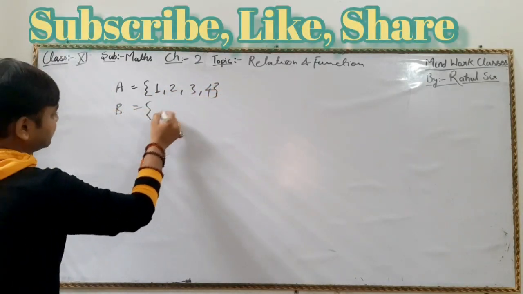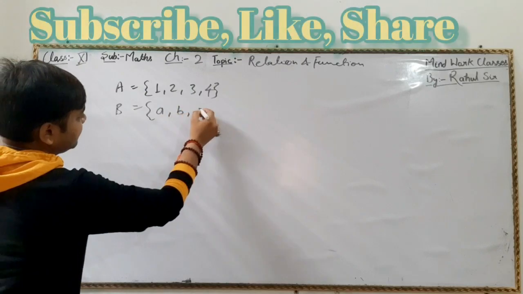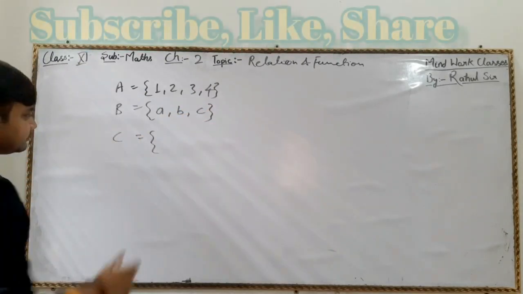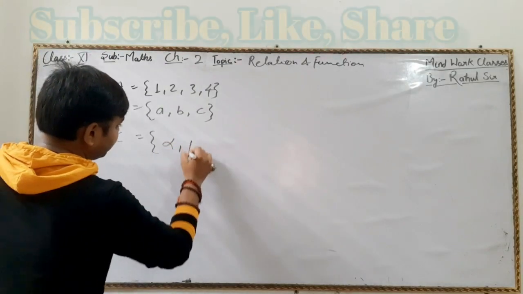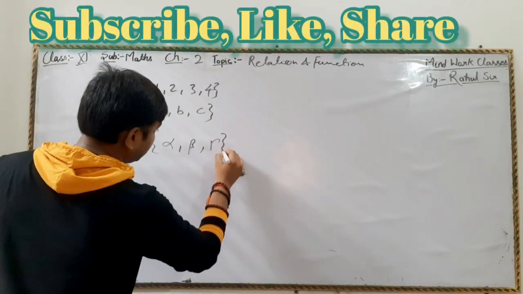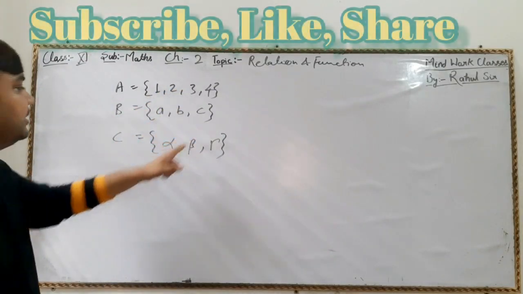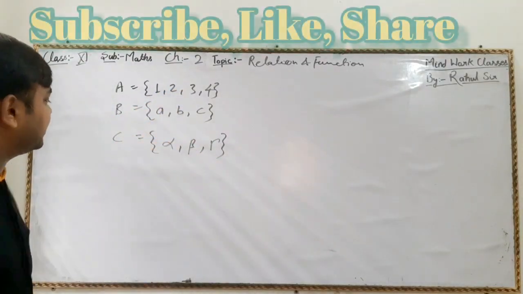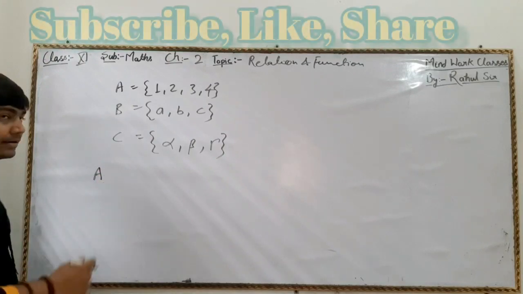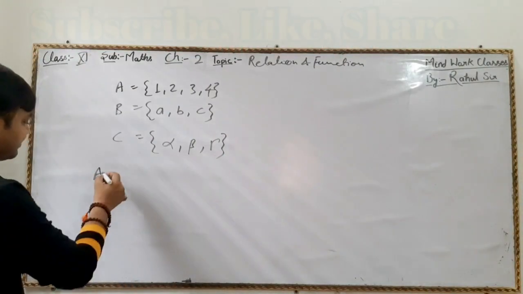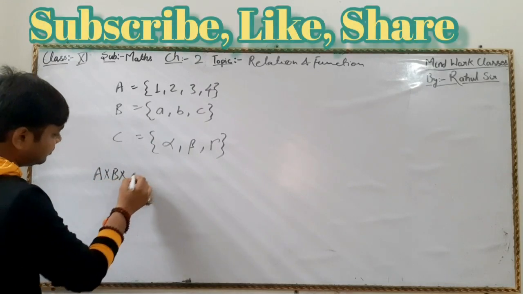Set B has a, b, c. Set C has alpha, beta, gamma. So if you find the Cartesian product of A, B and C, that means A into B into C.